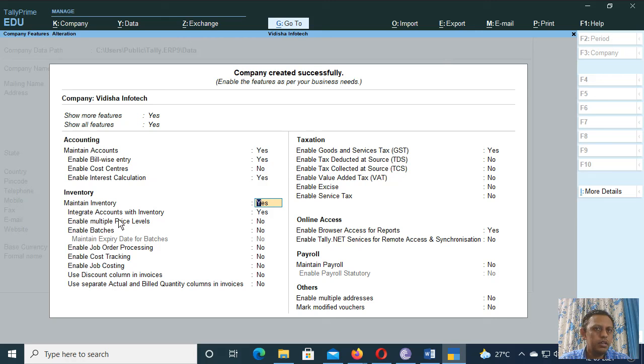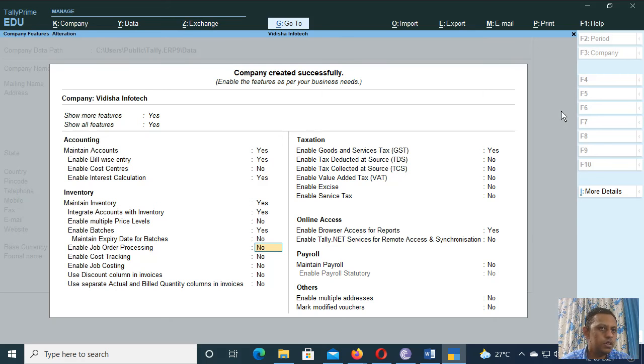Maintain inventory is set to yes, integrate accounts with inventory is set to yes, multiple price levels, sorry, here it is no. Then we need to press yes to enable branches, as we will be using the godowns, that's why.